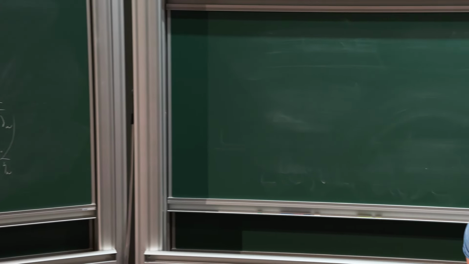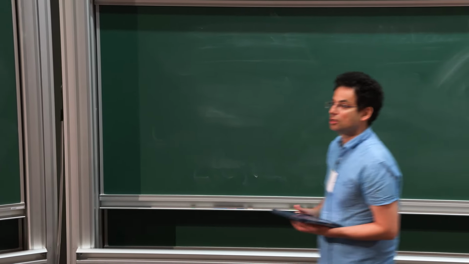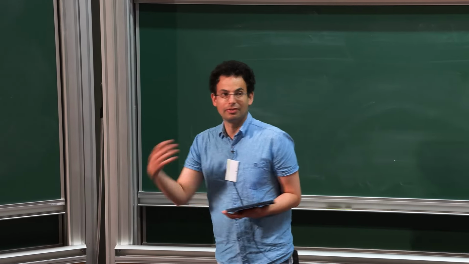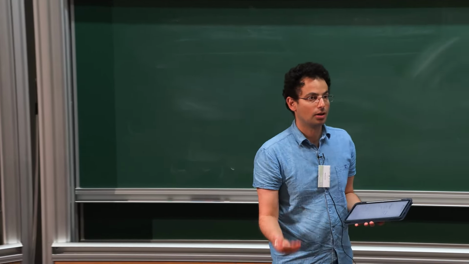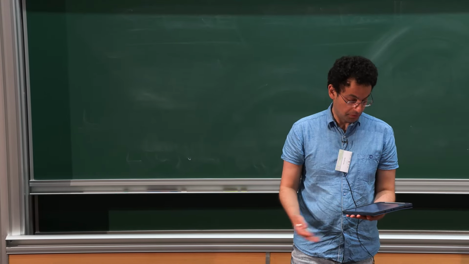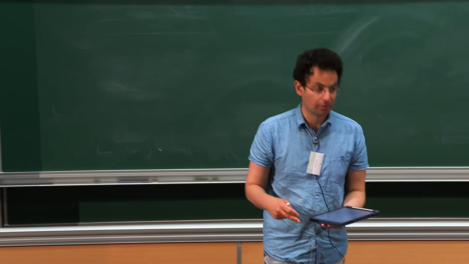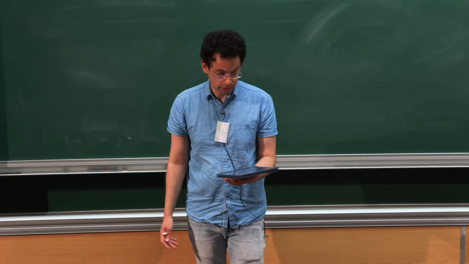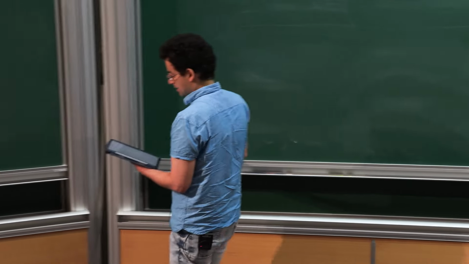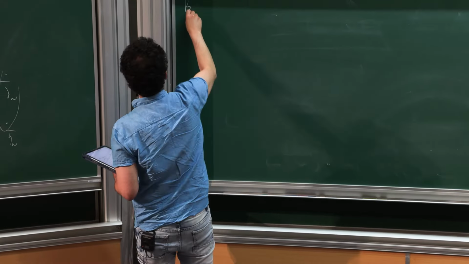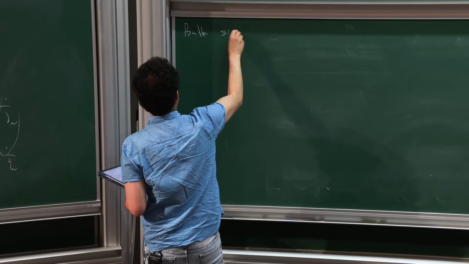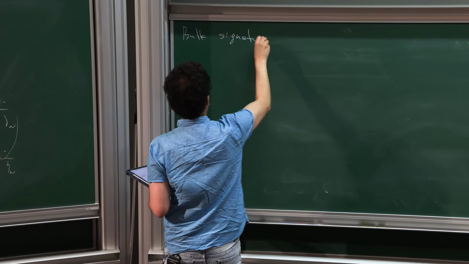And this diagnostic actually turns out to be a very general tool for diagnosing whether something is a non-trivial invertible phase. So let's talk about the bulk signature of Kitaev.